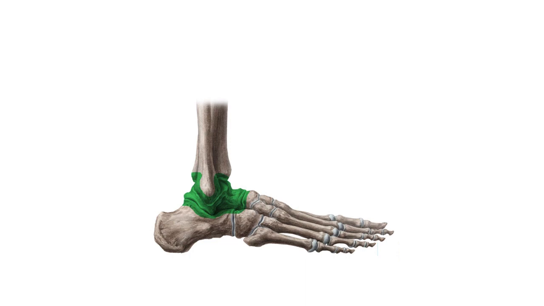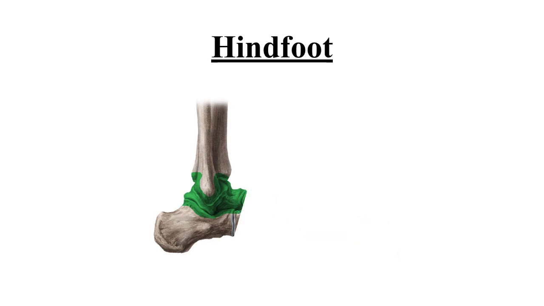Now the lateral view of the bones of the foot. This is the talus, this is the calcaneus, cuboid, navicular, three cuneiforms, metatarsals and the phalanges. Now we'll first discuss the hind foot, which is behind the mid-tarsal joint, or behind the line joining the calcaneocuboid and the talonavicular joint.